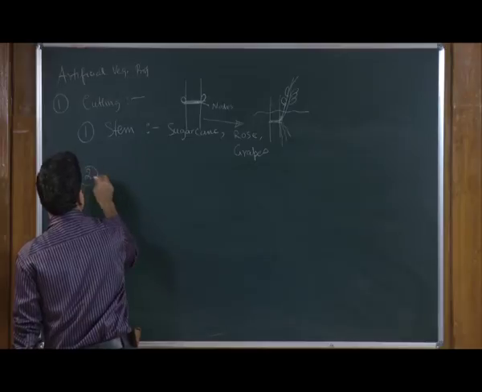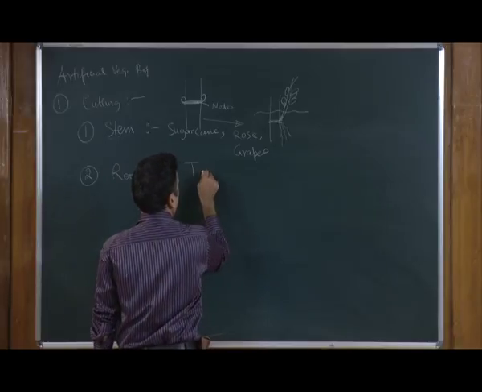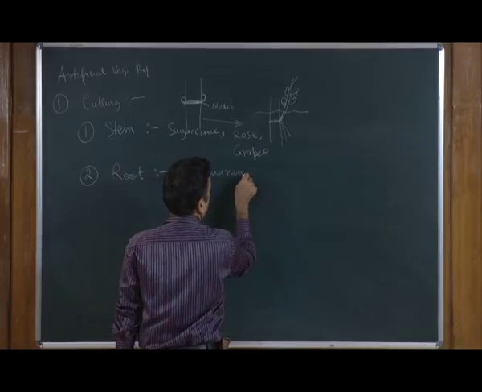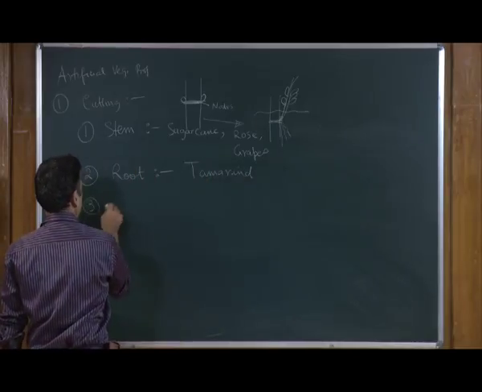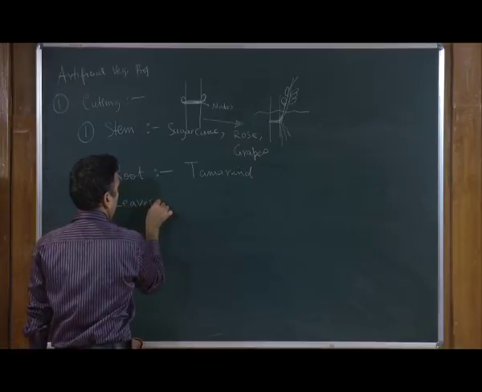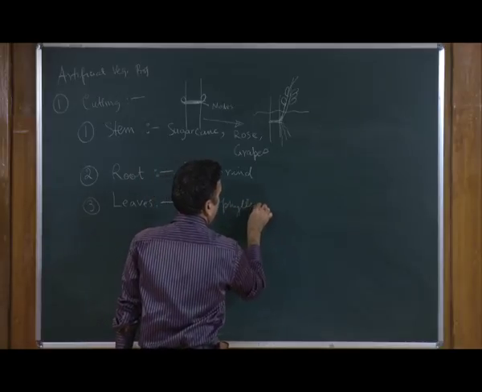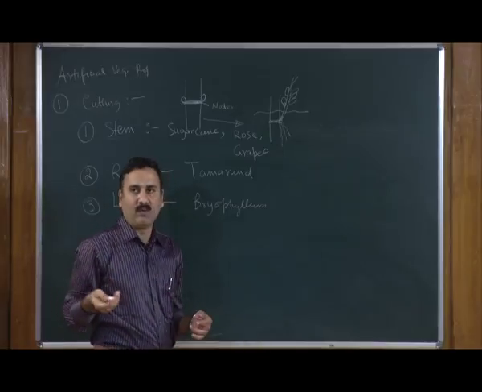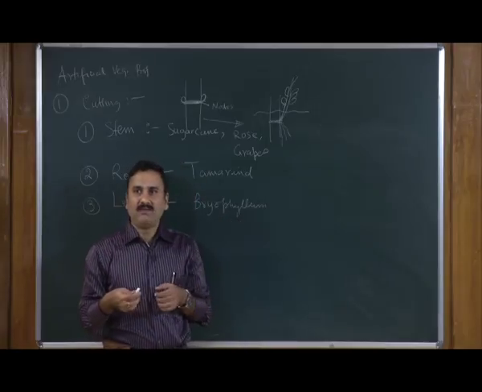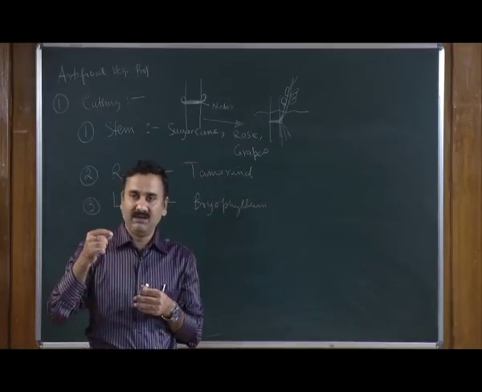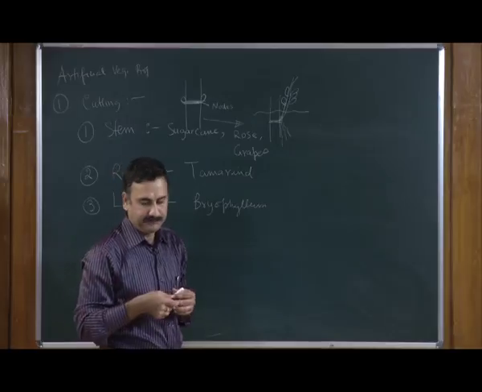Similarly, in the case of root, you have the example of tamarind, and then you have the leaves. In the case of leaves, you have the example of bryophyllum. If you remember from our previous lecture, we discussed how bryophyllum leaves have axillary buds on the leaves, and if you put these into the soil, they will give rise to a new plant.